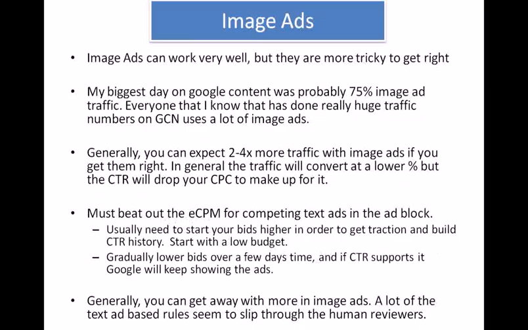Typically a $1 bid will get you traffic, unless it's in maybe a really expensive market. You may have to bid higher than that. But if you bid $1 on an image ad, Google will usually start testing it, and you'll get some traffic. That'll help you build a click-through rate history, and then you can start lowering your bids depending on how well your click-through rate is doing. So the idea there is to control it with a budget cap, but start bidding higher.